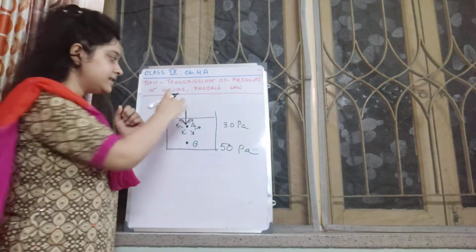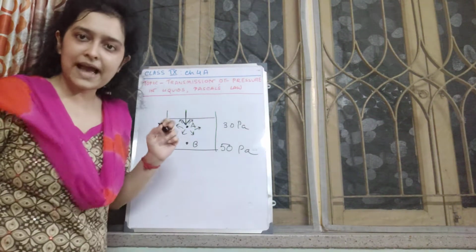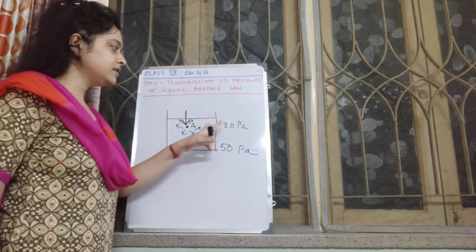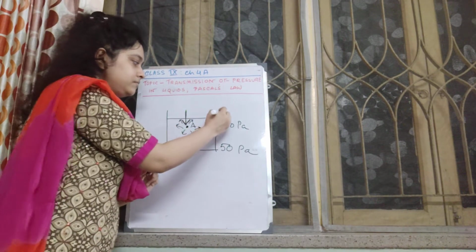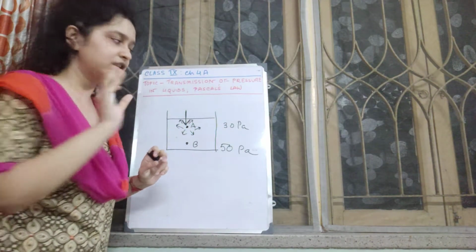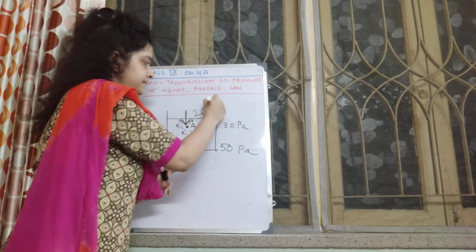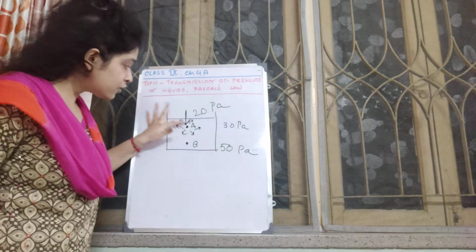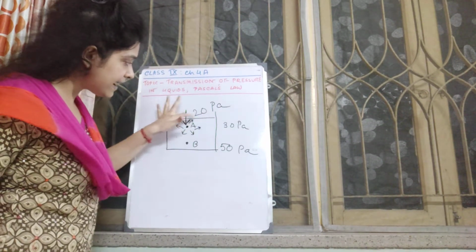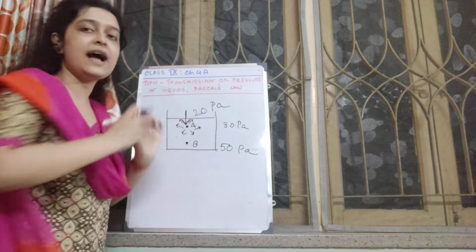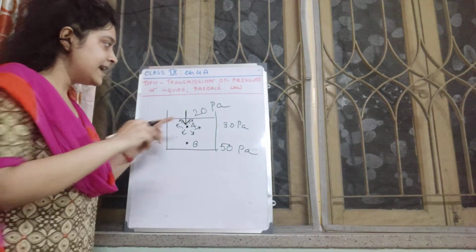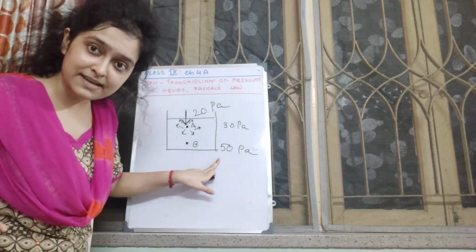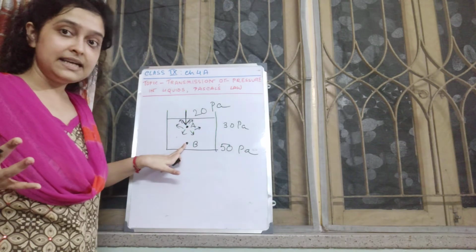That means the external pressure which you have applied on A, say you have applied some extra pressure, say 20 Pascal, will be equally transmitted everywhere throughout the confined liquid. That means if here you have 50 Pascal, here you will have 70 Pascal now at B.